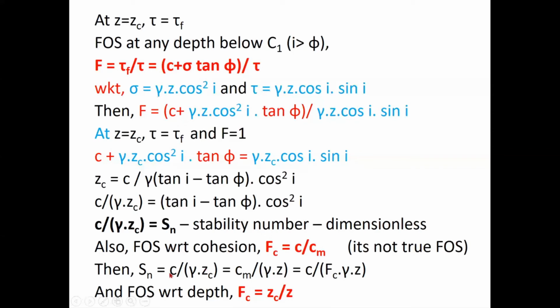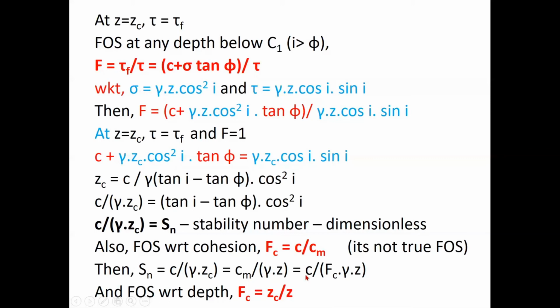Maximum cohesion of the soil will be mobilized when it is in equilibrium, and the depth will be z, right? So c by gamma into zc is equal to cm by gamma into z, which will again be equal to, I can rewrite this cm in terms of Fc by c. Sorry, cm will be equal to c by Fc, correct?